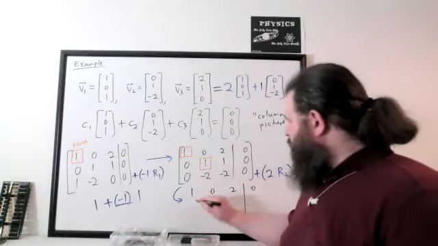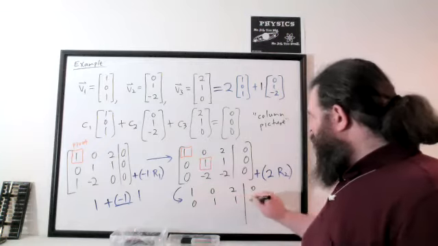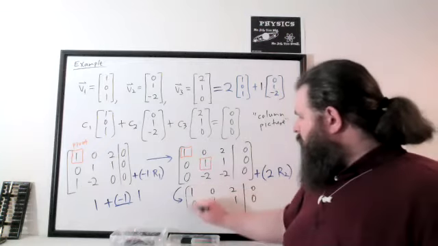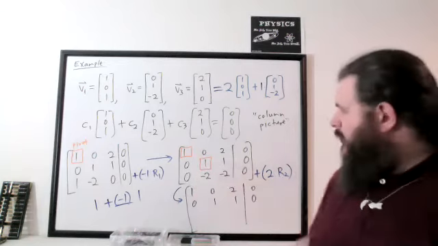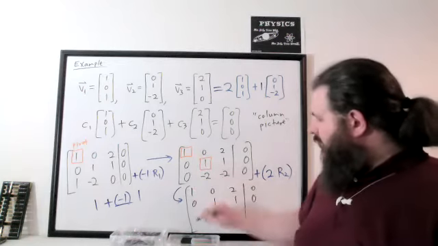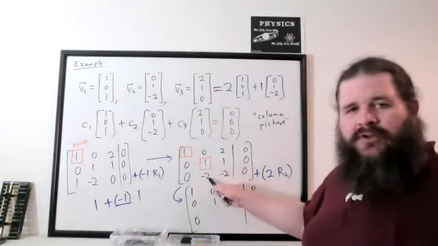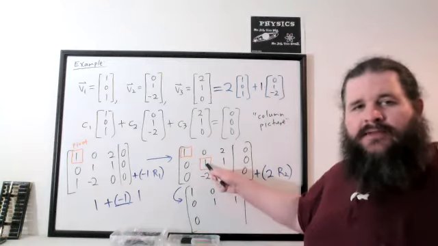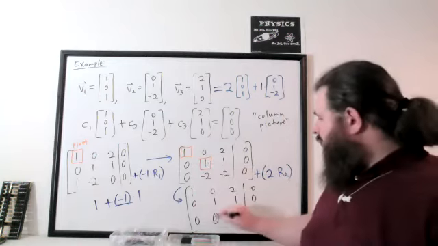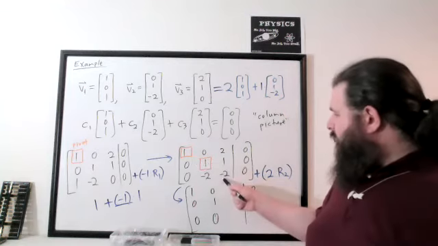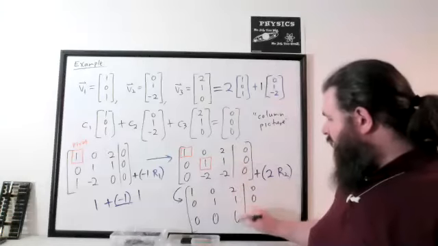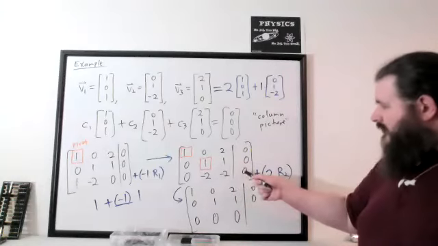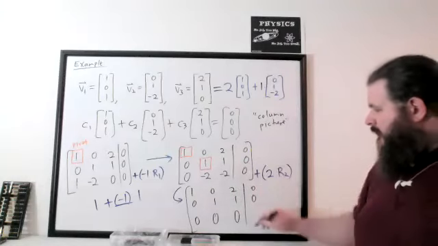Second row, no change. Third row, we're taking everything from the third row and adding 2 times the corresponding value from the second row. So 0 plus 2 times 0, still 0. -2 plus 2 times 1, that's -2 plus 2, so that cancels out. And then -2 plus 2 times this one, that's also -2 plus 2, so that cancels out. And lastly, 0 plus 2 times 0 is still 0.